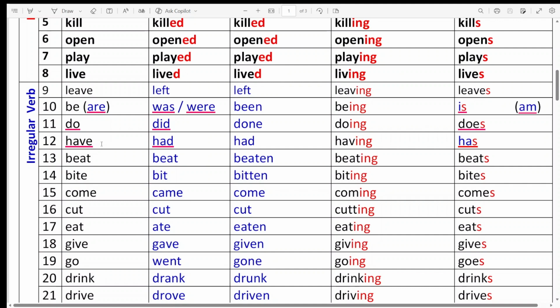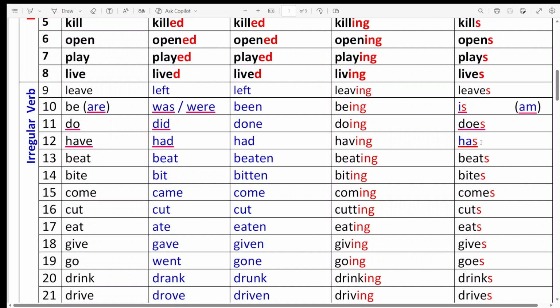Have doesn't become haves, it becomes has. You have to very closely look at them. Be, that is 10th number, and 12th number, that is have.